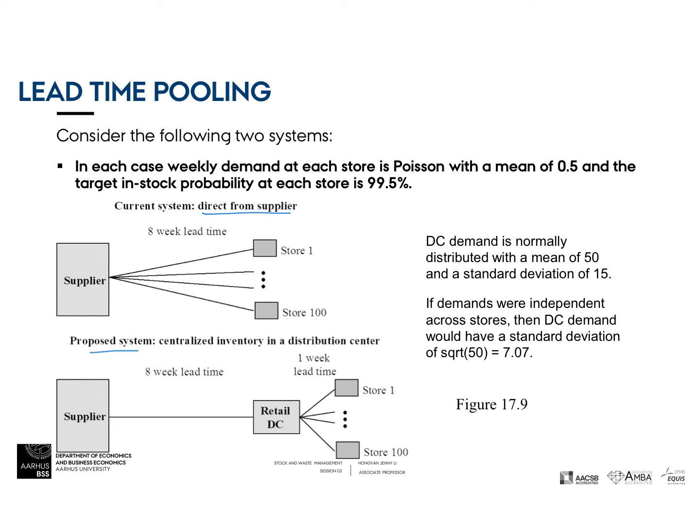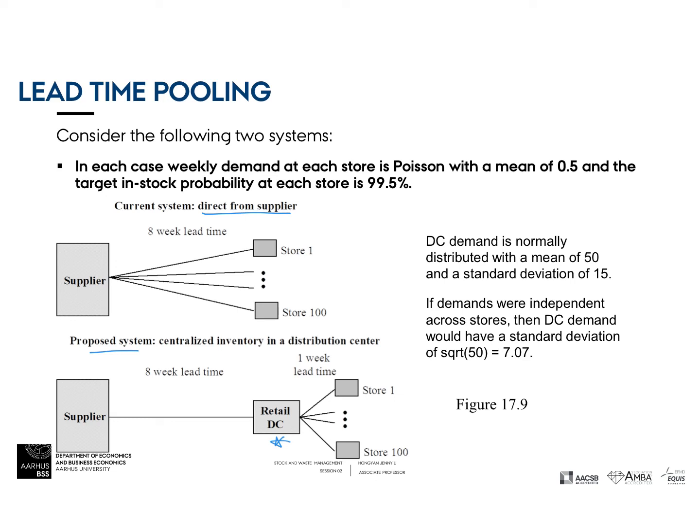The proposed system suggests adding a retailer distribution center, to centralize the inventory for multiple stores. For example, in this case there are 100 stores.